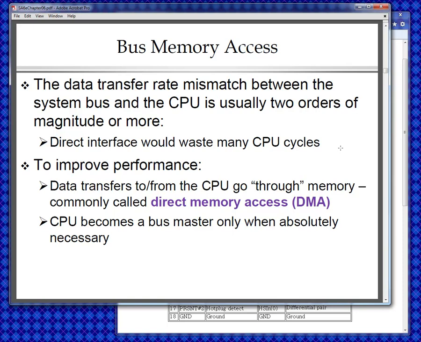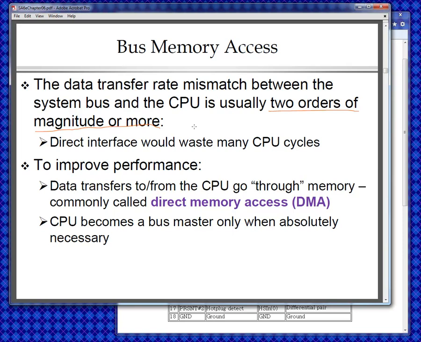Whereas other devices attached, say, to a PCIe 1X slot are operating at roughly 1/64th of that speed. So usually you're looking at a difference in data transfer rate, not clock rate, of 2 orders of magnitude or more.